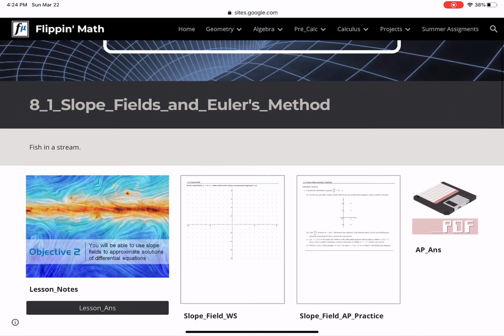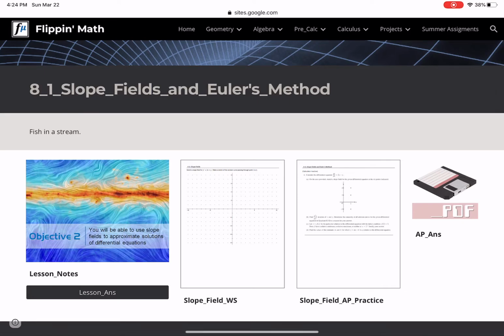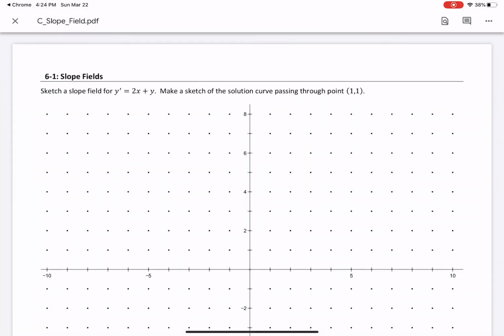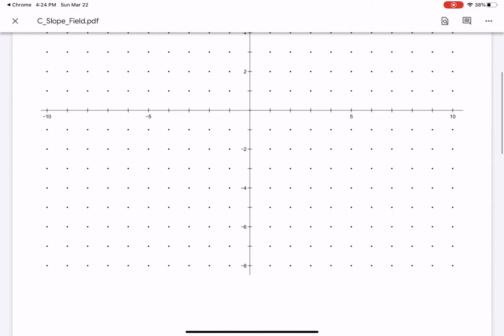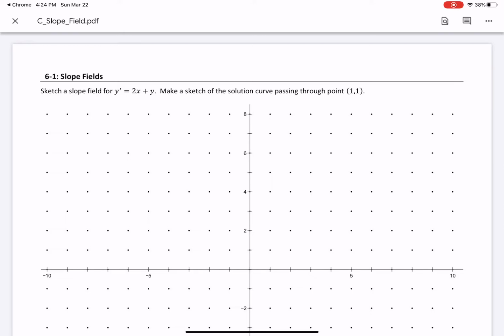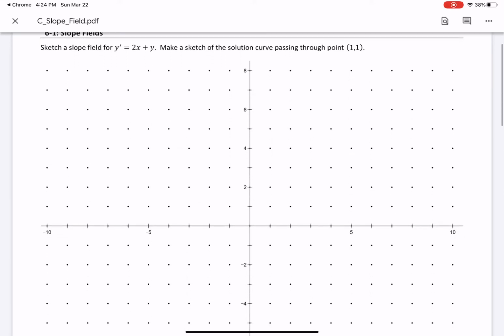If I scroll down just a little bit, there are the lesson notes and the answers, and here's the worksheet that I'm particularly talking about. If you have access to a printer and you print that out, it might make part of this lesson a little bit easier for you to work on. Otherwise, you're going to have to draw all those dots by hand.